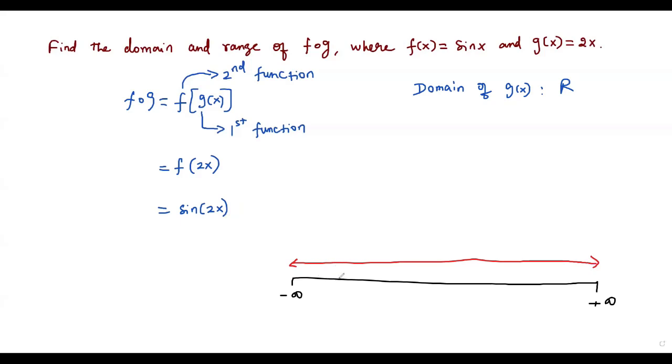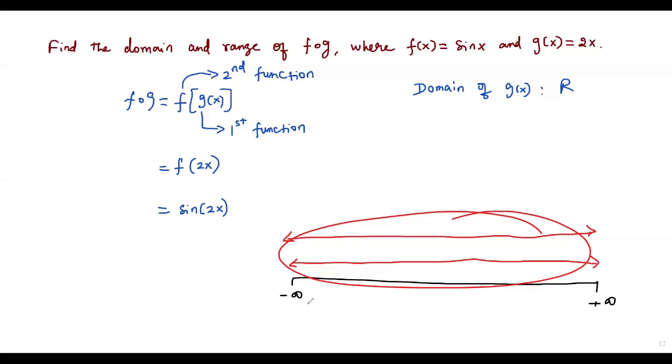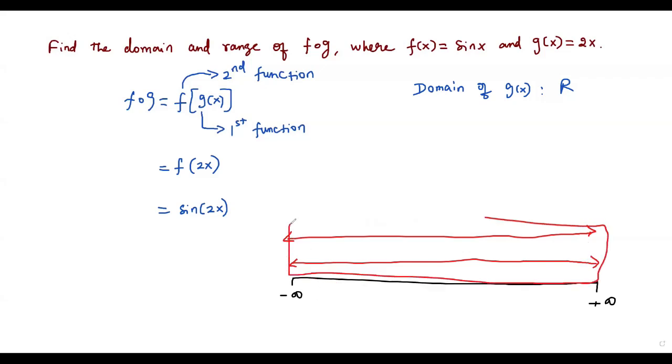Now I have to draw the domain of the first function, that is g of x. That is also all real numbers, so I have to cover the entire interval. Now, what is the common region of these two graphs? The common region of these two graphs will give the domain of the composite function f∘g. The common region is the entire interval from negative infinity to positive infinity, that is all real numbers. Therefore, the domain of the composite function f∘g is all real numbers. Now we have finished finding the domain of the given composite function.